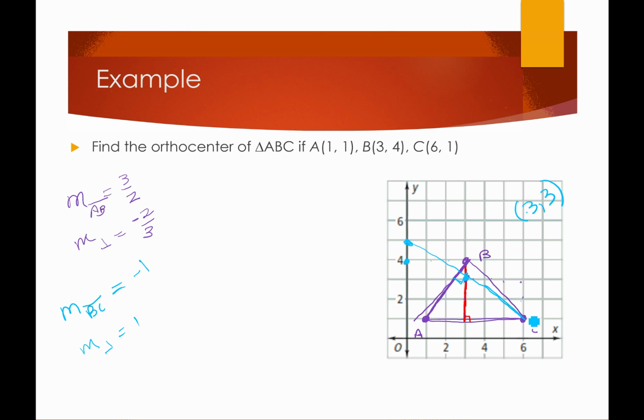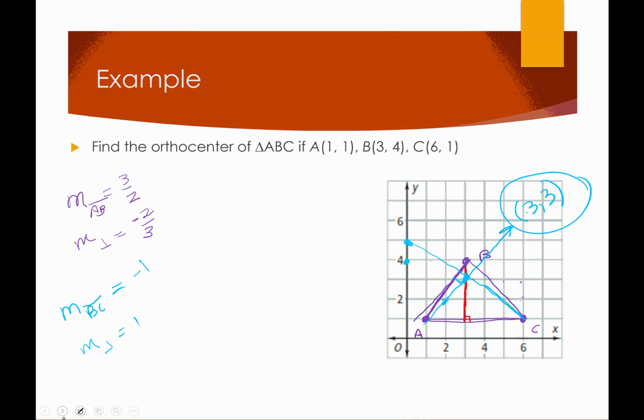So from C, I'm just going to go... Oh, duh. From A, I was losing it for a minute. So I'm just going to go over 1 and up 1, over 1 and up 1. And there's my perpendicular. And indeed, that point is actually (3, 3).